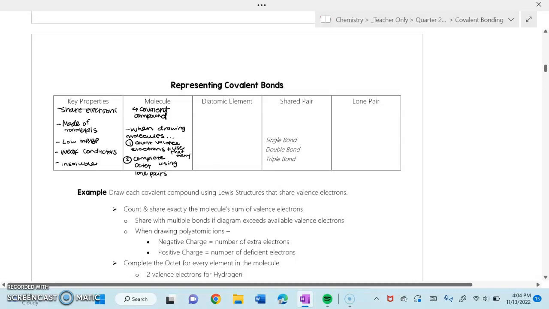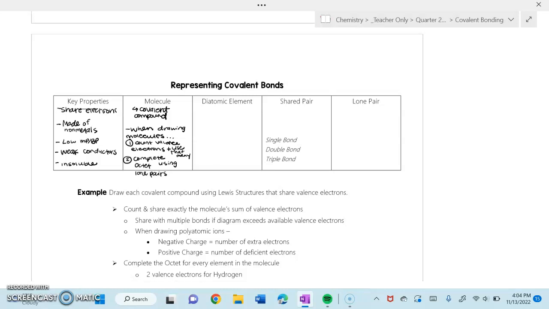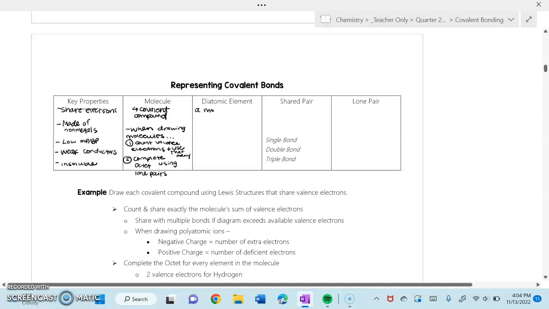So diatomic elements, we have talked about these before. Diatomic elements are molecules that are formed from two identical atoms. I talked about them as sort of twin molecules. And so there are 7 that exist in nature, formed from identical atoms. And it's always 2.